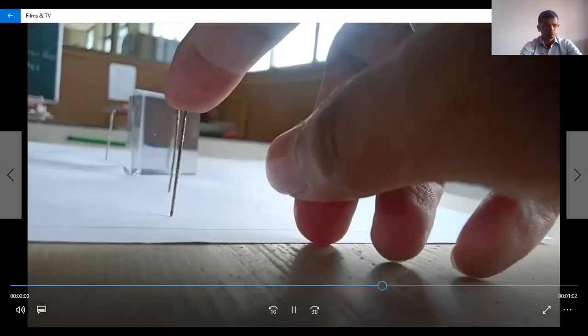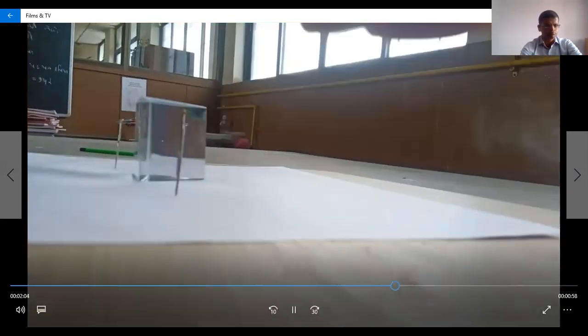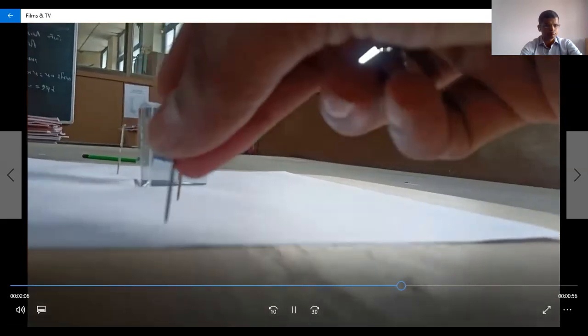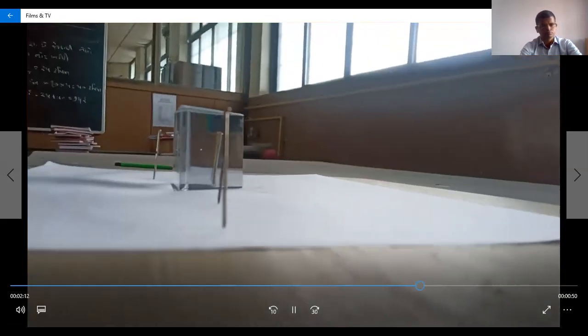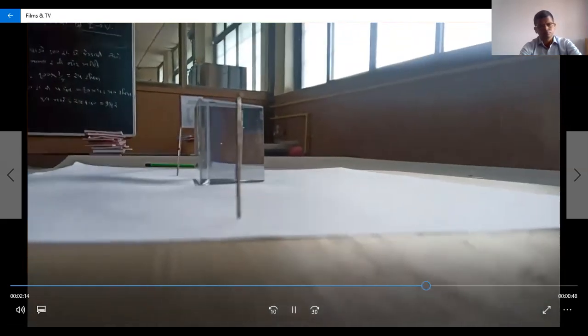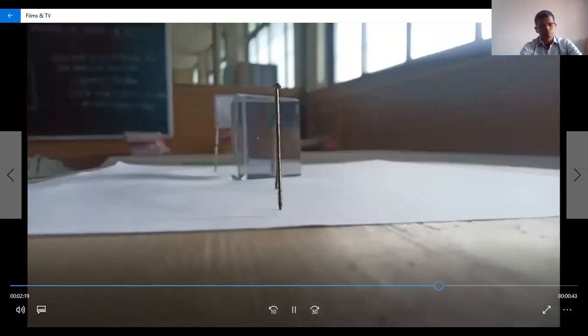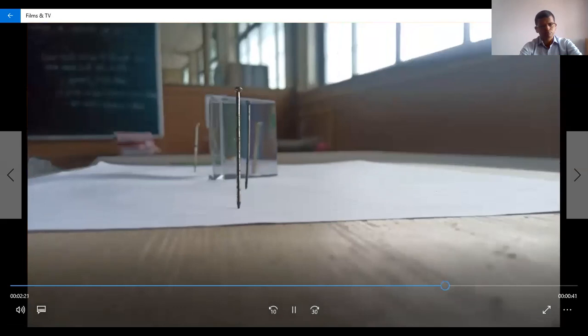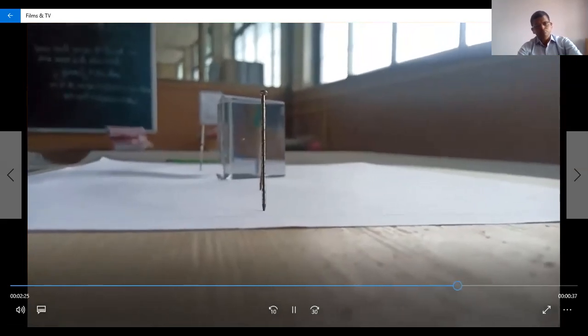So now you find here all four pins on a straight line. Okay, clearly see. Otherwise at another angle it is not possible. Only at this angle do all four pins come on a straight line.